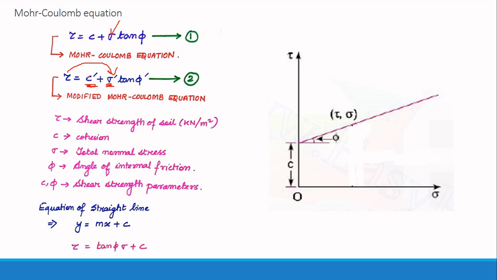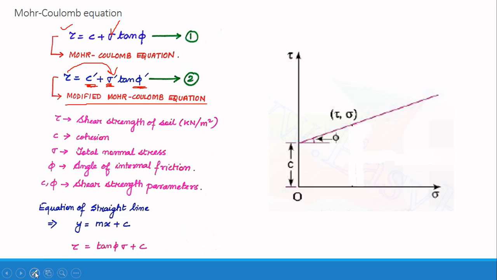This is called effective cohesion, and the angle of internal friction is also known as the effective angle of internal friction. When I take the effective stress into account in the Mohr-Coulomb equation, that equation is called the modified Mohr-Coulomb equation. For the time being, let us stick with the original Mohr-Coulomb equation.